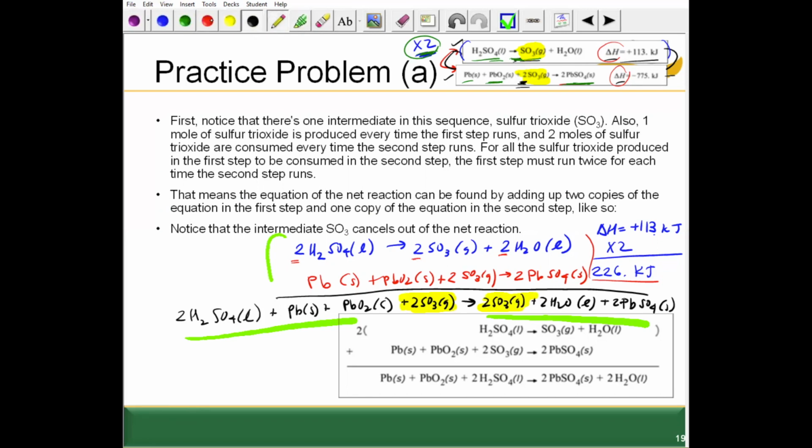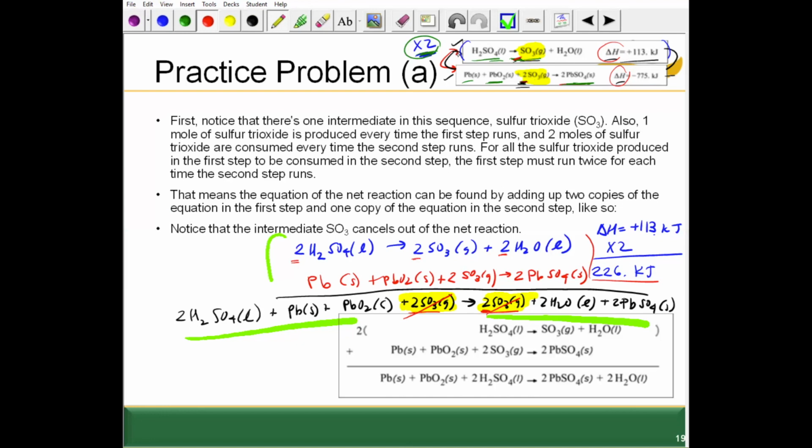That means we can cancel out 2 moles of sulfur trioxide because that shows up on both sides of the reaction. If this were still just 1 mole of sulfur trioxide, then we wouldn't be able to cancel out sulfur trioxide in its entirety. We'd have 1 mole on the reactant side, but 2 moles on the product side.